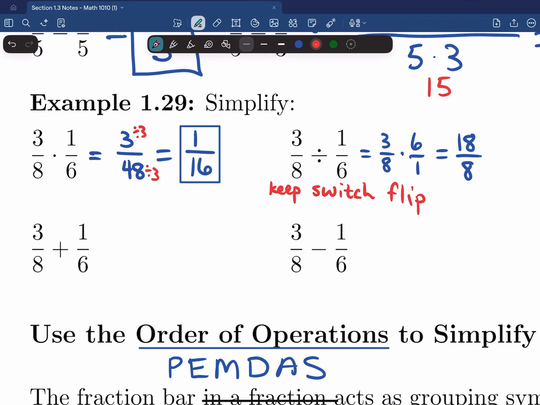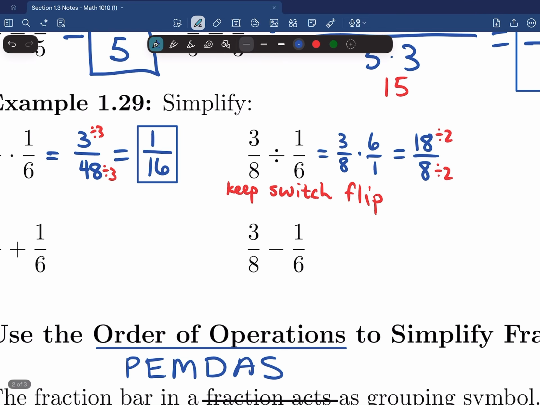Now, 18 and 8 share a common factor of 2. So if I divide a 2 out, I will reduce the fraction. I'm left with 9/4, and that can't be reduced any further.